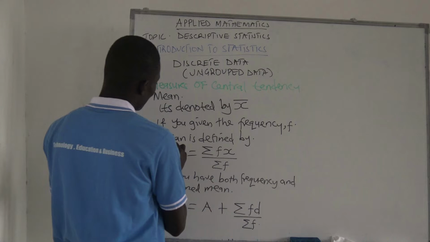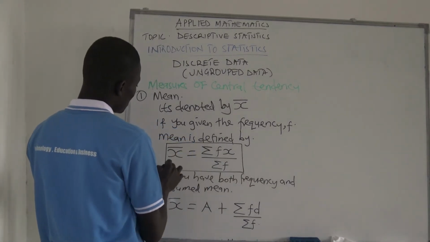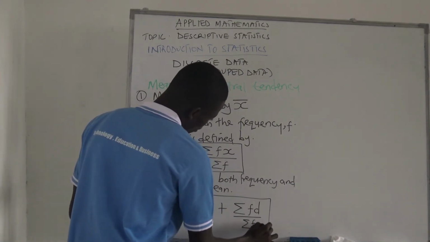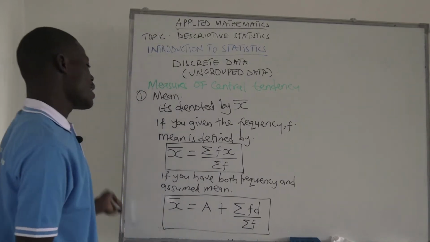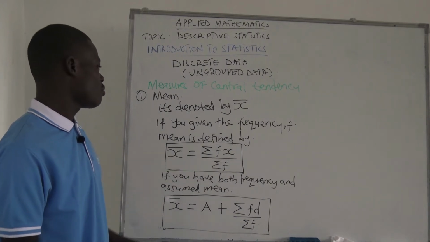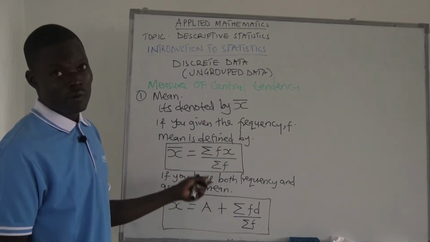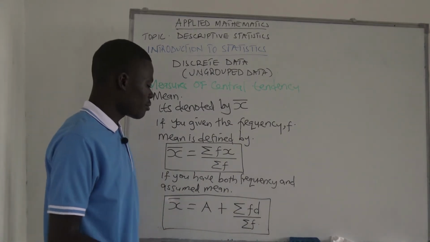So these are the almost 4 formulas we shall be using to get the assumed mean. We shall look at examples of how we can handle the frequency f, and then how we shall get the mean from fd.